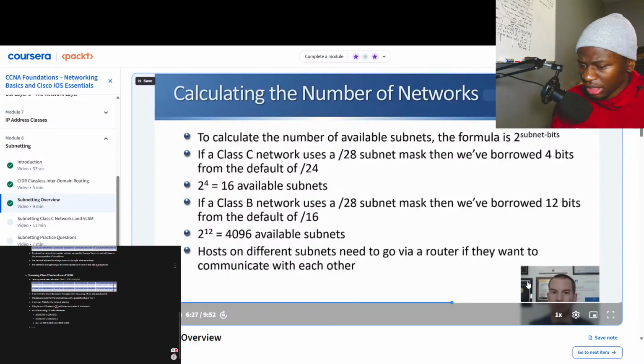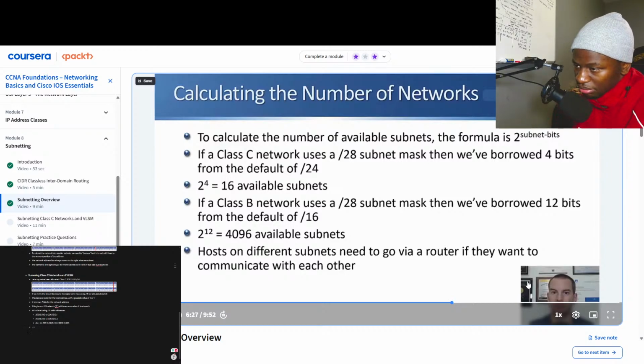Is my network small, medium, or large? If it's a big company and we have a lot of devices, I will probably need a class B, since that's the largest. So then we go to class B, and the class B default subnet mask is /16.